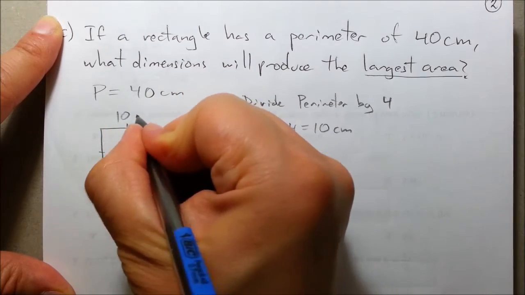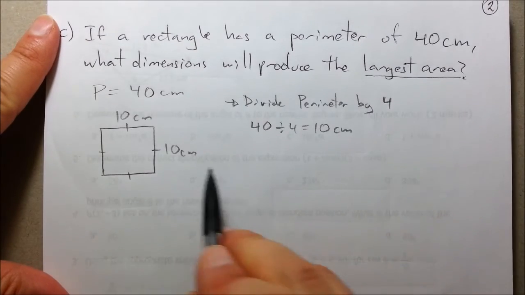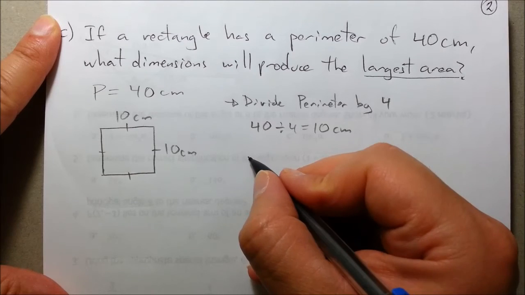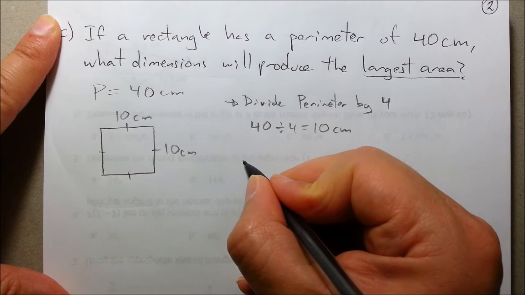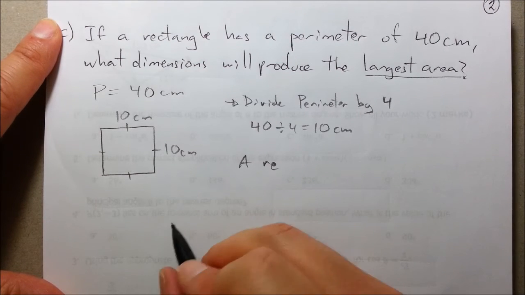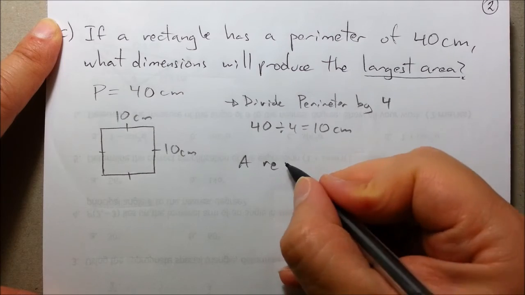So that means 10 centimeters by 10 centimeters. The question simply asked, what are the dimensions of this rectangle? So a rectangle with a length of 10 centimeters and a width of 10 centimeters will produce the largest area.